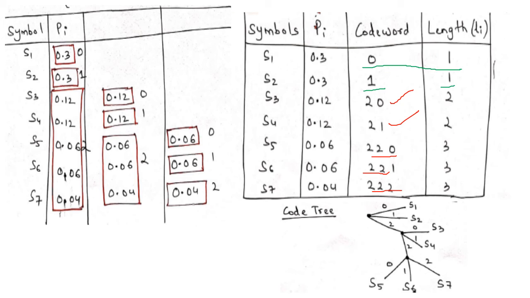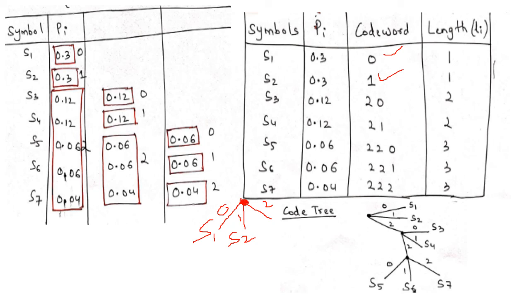If it is ternary, at every decision point we'll have three branches: decision 0, decision 1 and decision 2. So coming to the decision tree, at initial point we'll have three decisions: 0, 1 and 2. So 0 code word will attain a terminal state S1, 1 code word will attain a terminal state S2.